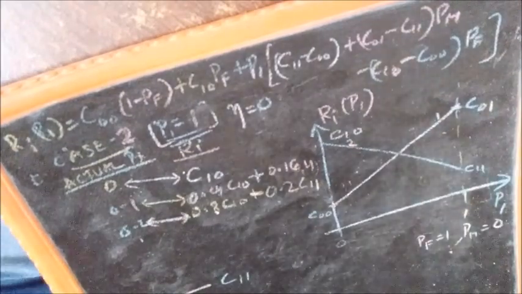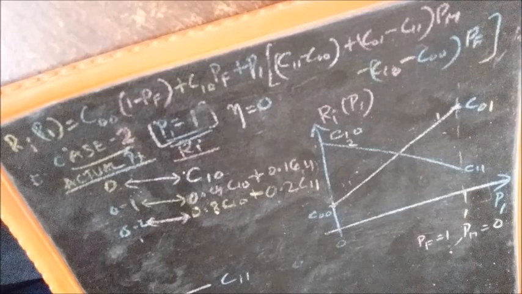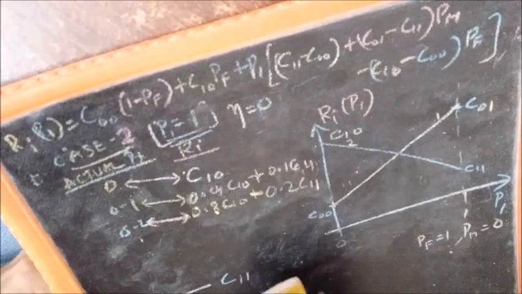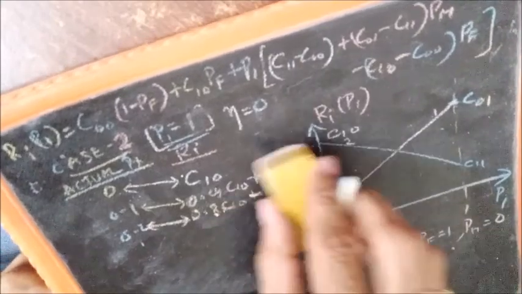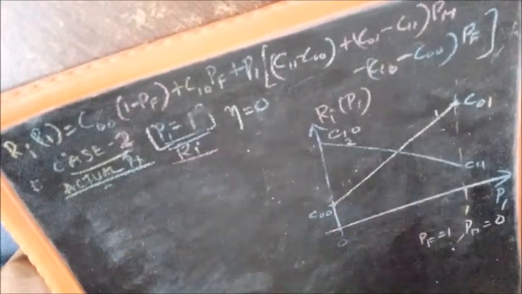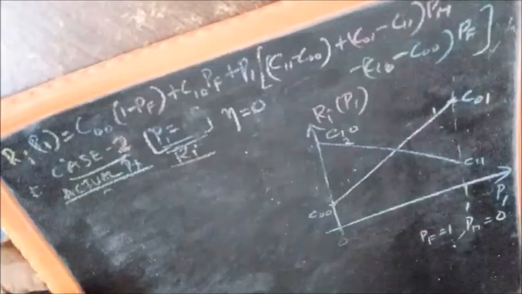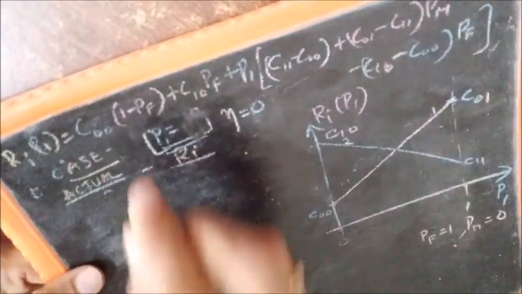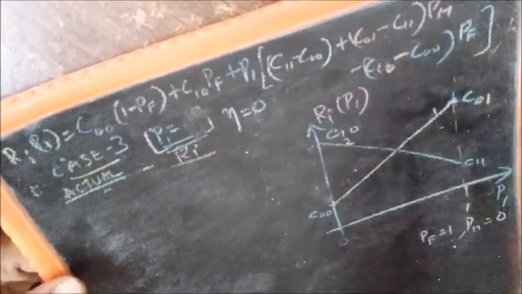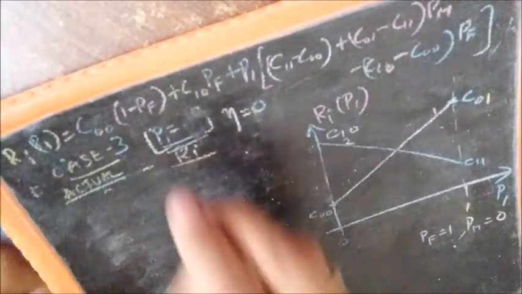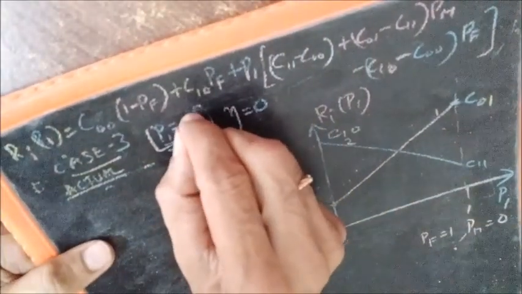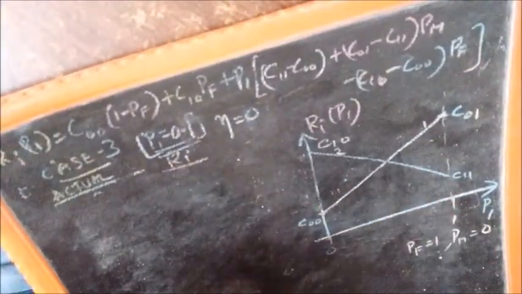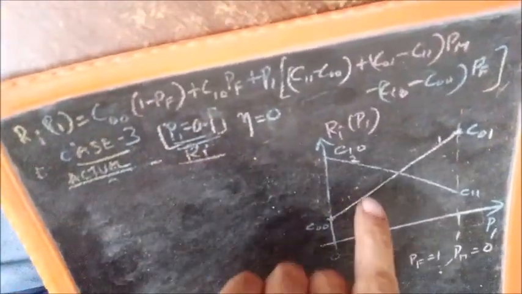Now, since we have seen the extremes, we will be able to arrive at a trend. Here we can see a trend, in the sense, if I had continued to a case 3, wherein I had assumed P1 to be 0.1. So remember, first I assumed P1 is 0, that was case 1. Then I assumed P1 is 1, that was case 2.